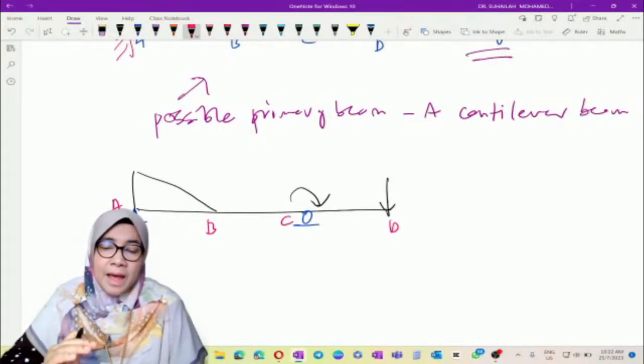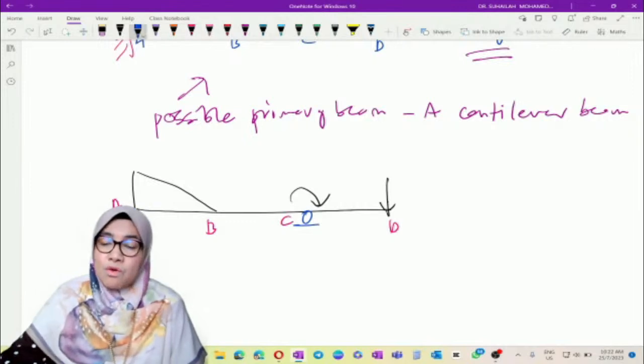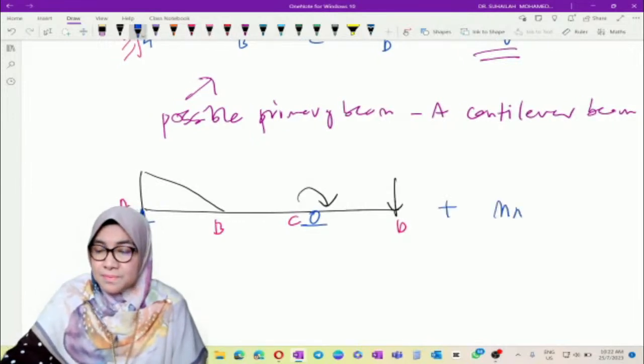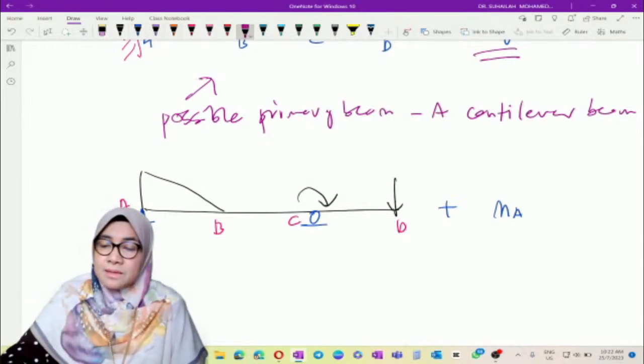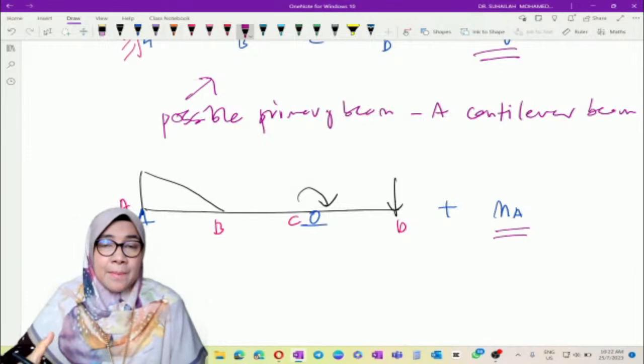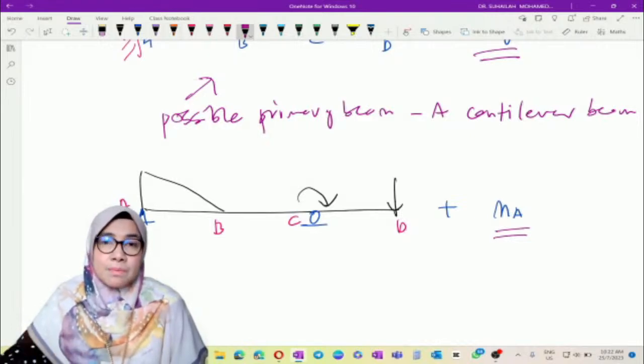Okay, so having this, we actually remove moment at A. In this case, the redundant is MA. The redundant is MA, and the primary beam is a simply supported beam.